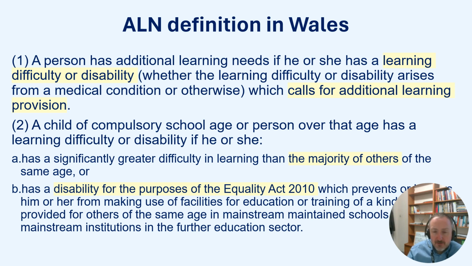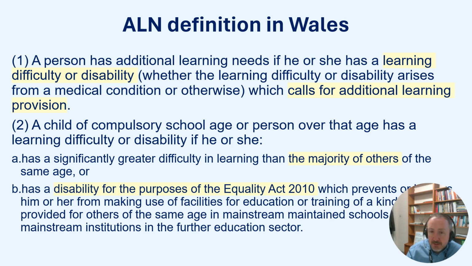Taking this information from the Welsh Government, they define additional learning needs as follows, and the highlights on this definition are mine rather than what's in the legislation. So a person has additional learning needs if he or she has a learning difficulty or disability, whether that arises from a medical condition or otherwise, which calls for additional learning provision.